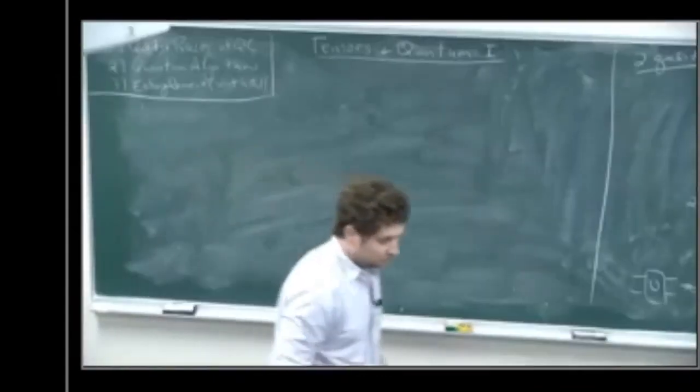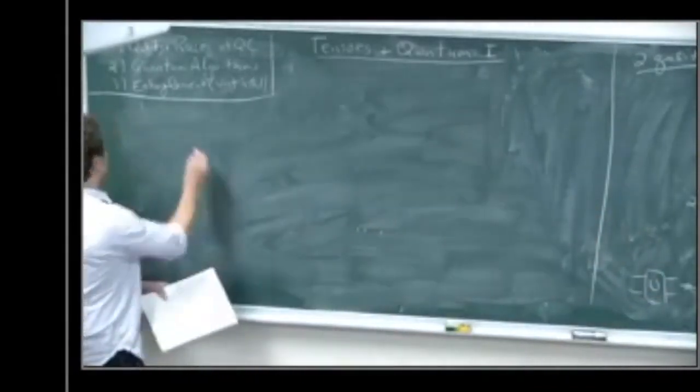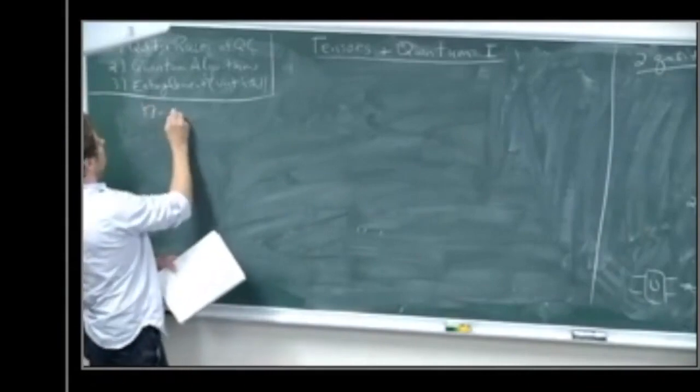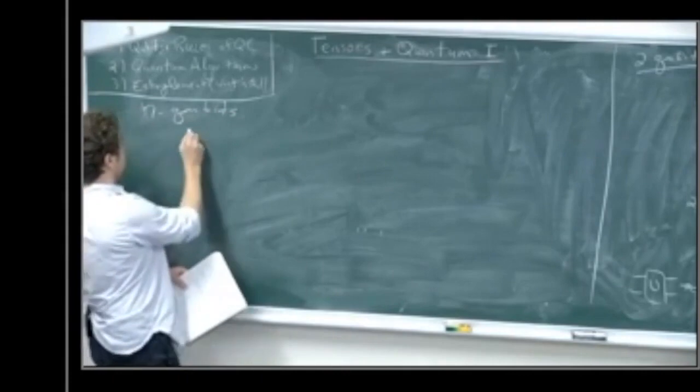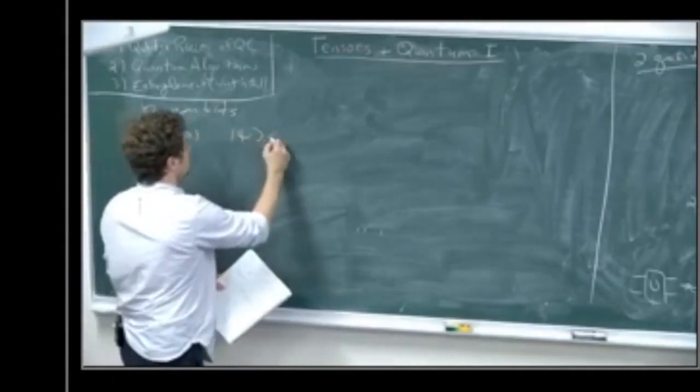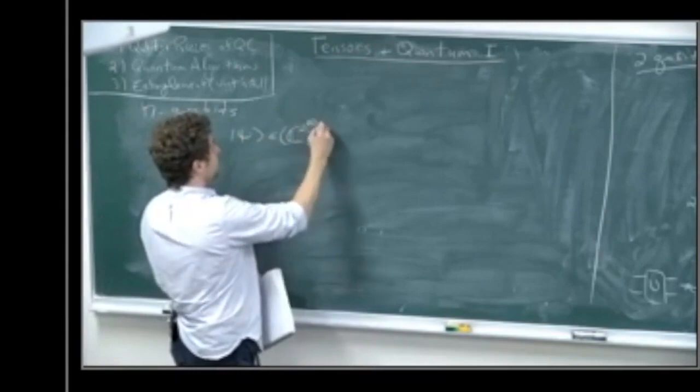And actually, you can likely fill this in yourself. If I say I have n qubits, well, my state is just going to be some really big unit vector.